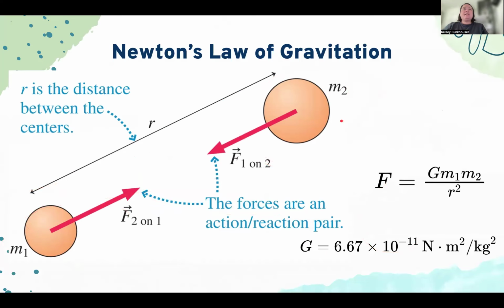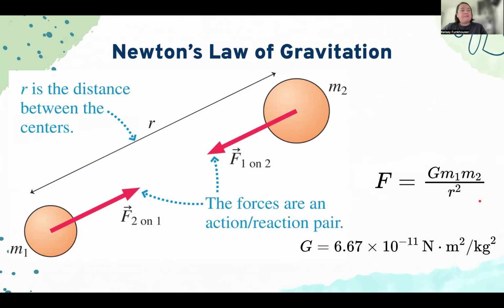But if we have two planets or two massive bodies of any kind at a distance r apart, the force between them is G, which is the gravitational constant, a universal constant, and it's 6.67 times 10 to the negative 11 Newton meter squared per kilogram squared. Anyway, G times the mass of one times the mass of the other divided by the distance between them squared. And so this is the force that each one enacts on the other.